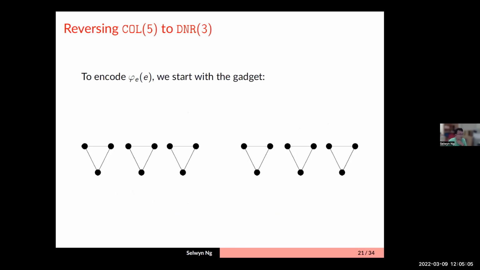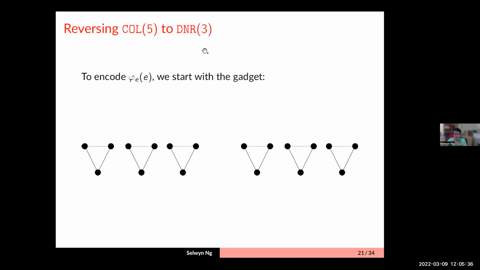So to reverse the 5-color theorem, we are going to reverse DNR3. Let's just quickly see how this is done. What are we doing here? We want to build a graph with the property that any 5-coloring of the graph computes a DNR3 function.